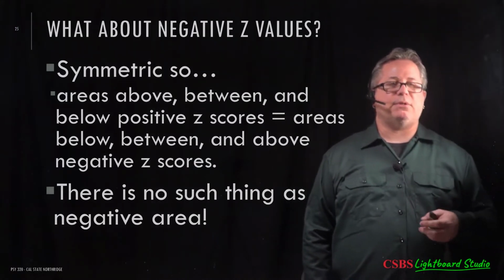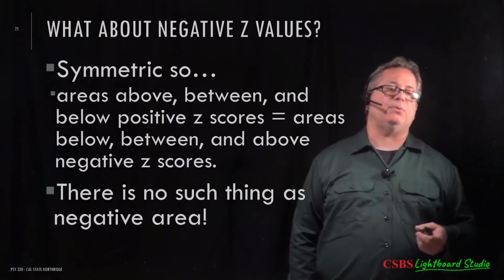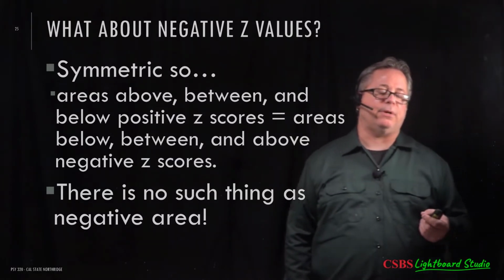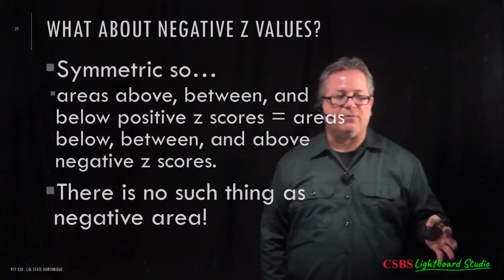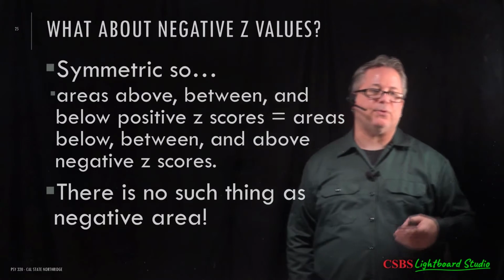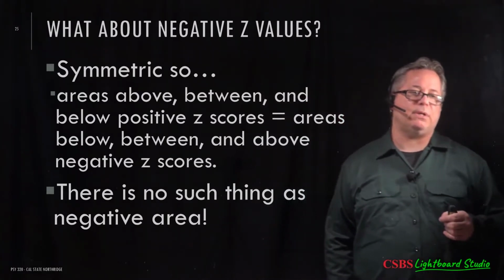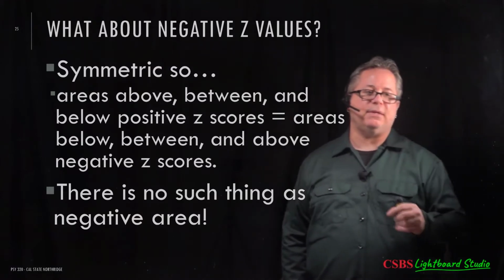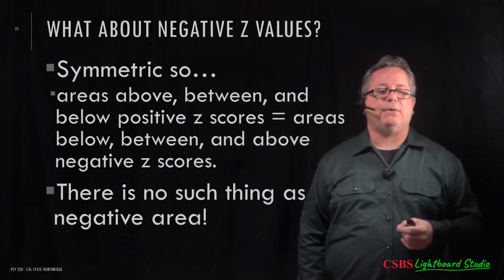Because a normal distribution is symmetric, the area that corresponds to a positive z-score is the same as for the corresponding negative z-score. Just like the area from the mean to +1 is 34%, the area from the mean to -1 is also 34%. So I don't need to repeat all the values for the negatives.